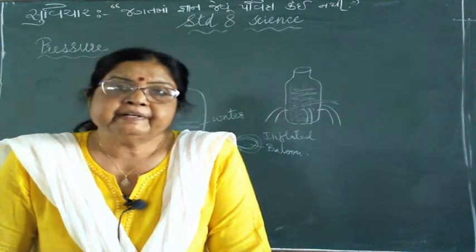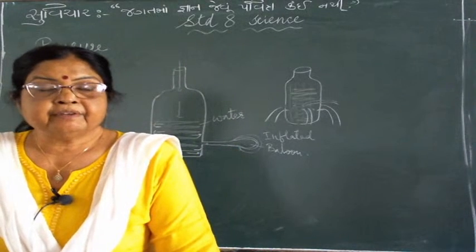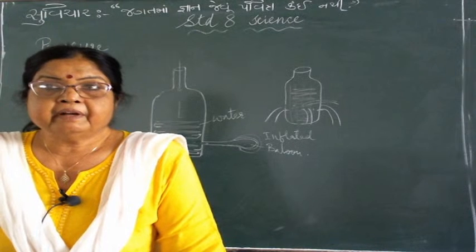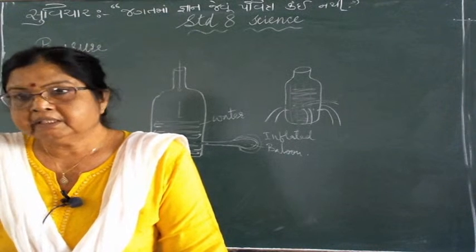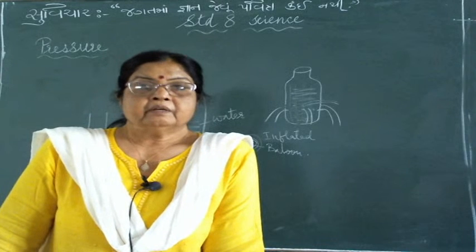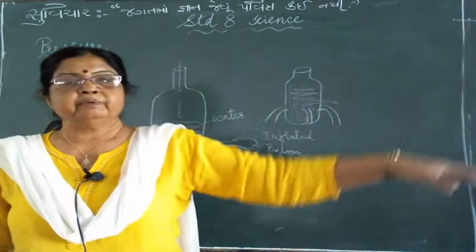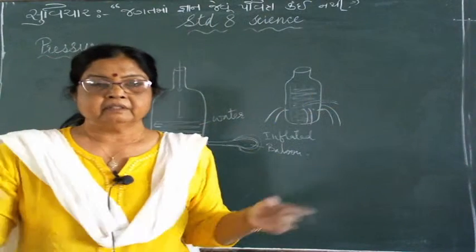Now, atmospheric pressure. Children, this is very, very important. We are not aware of it. Do we have atmosphere around us? You have learned this in science, you have learned this in SS also. We have air around us. The air envelopes us. We are in the oceans of air, right?